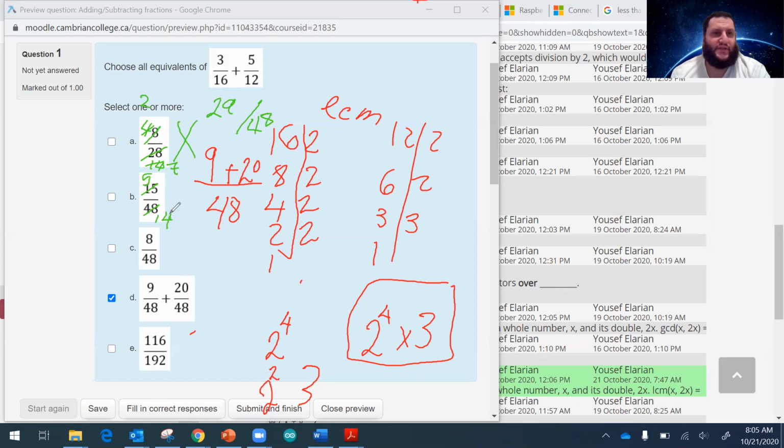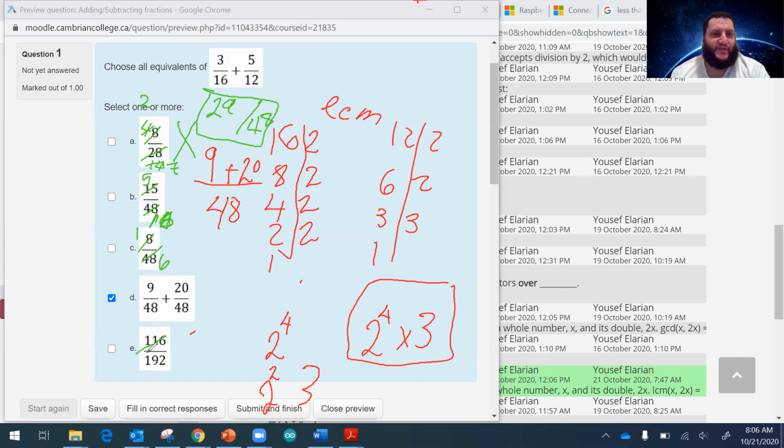No, 16. 5 over 16, no, it's not exactly this one. 8 over 48 divided by 8, it's 1 over 6. Again, no. This one was chosen.